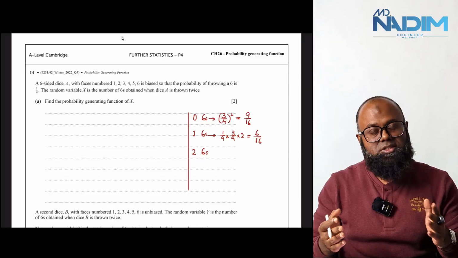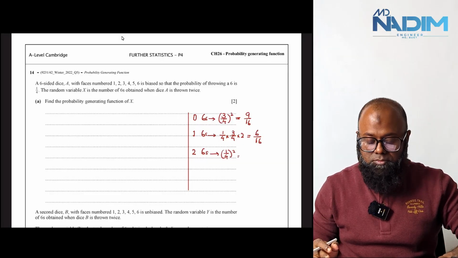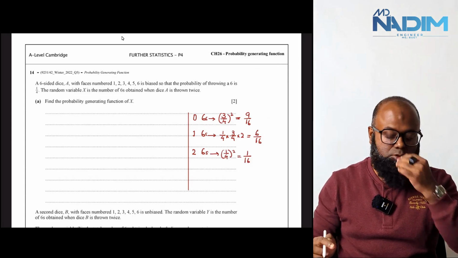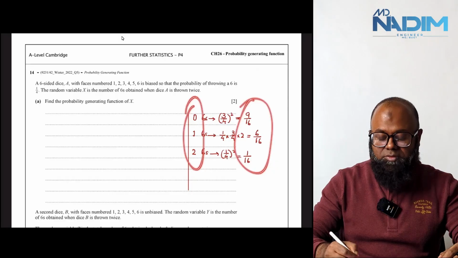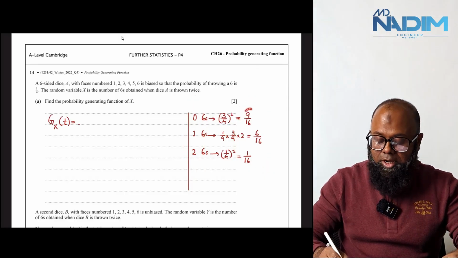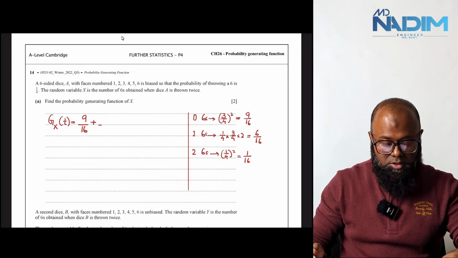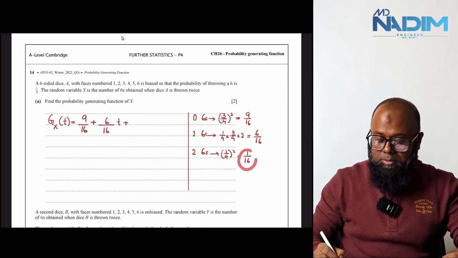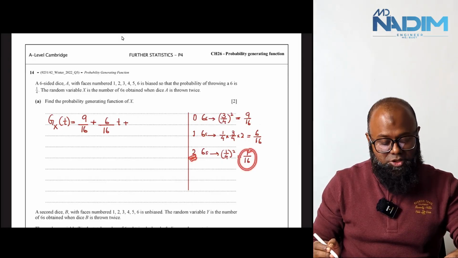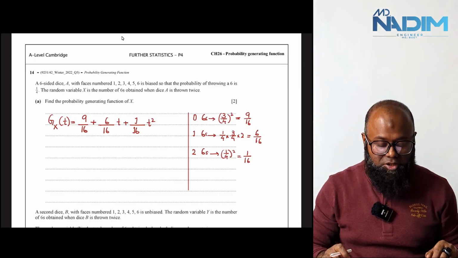Now, 2 sixes means 1 by 4 into 1 by 4, so 1 by 16. These are the probabilities and these are the values of the random variable. So, the probability generating function would be 9 by 16 plus 6 by 16 t to the power 1, then 1 by 16 t to the power 2. This is the probability generating function of x.